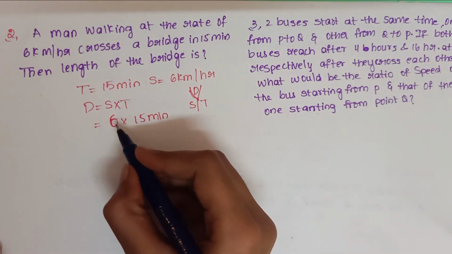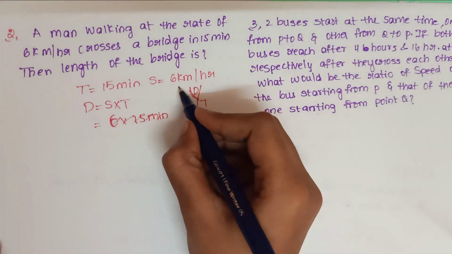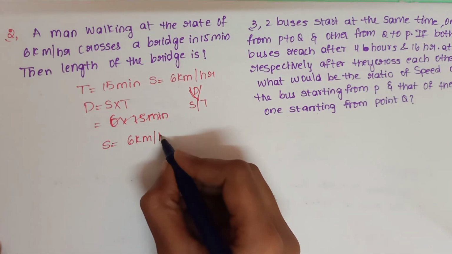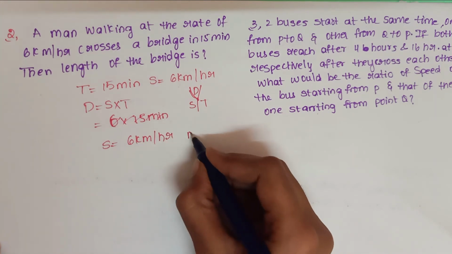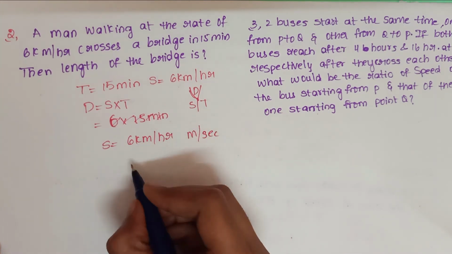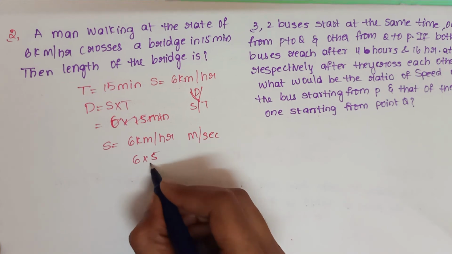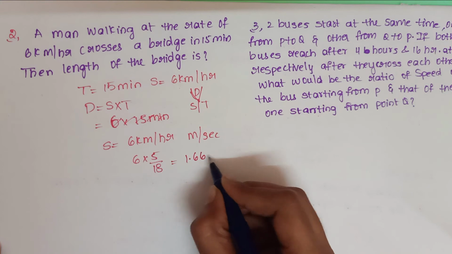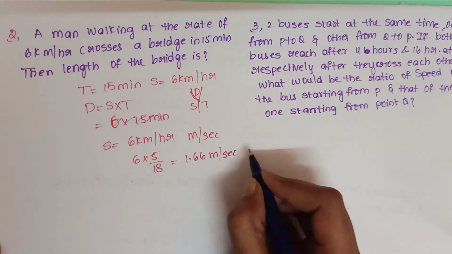Sorry, before going to calculation, we want to convert this. Where s is equal to 6 km per hour, we want to convert this into meters per second. So 6 into 5 by 18. If we calculate, we'll get 1.66 meters per second. Now we can calculate.